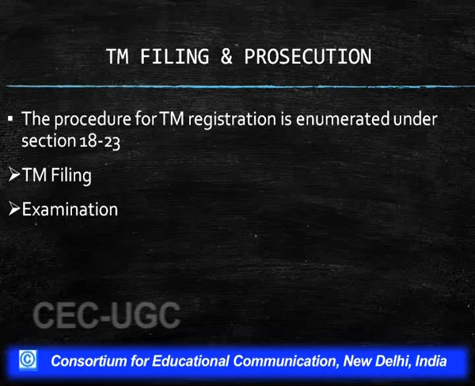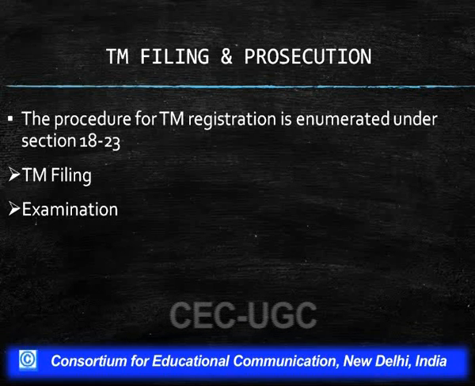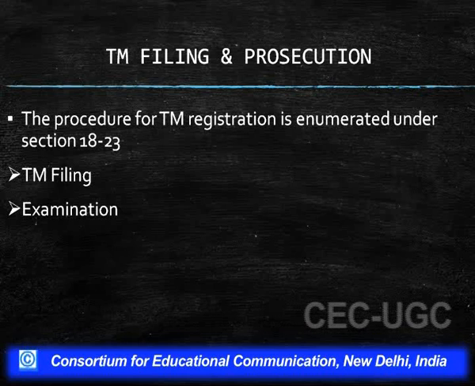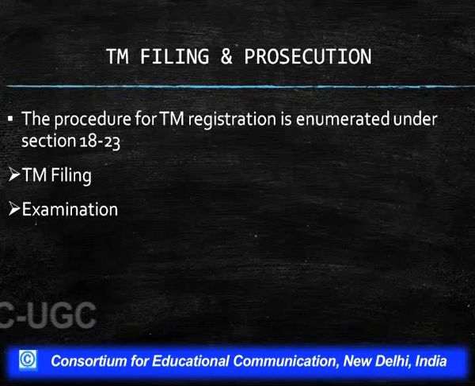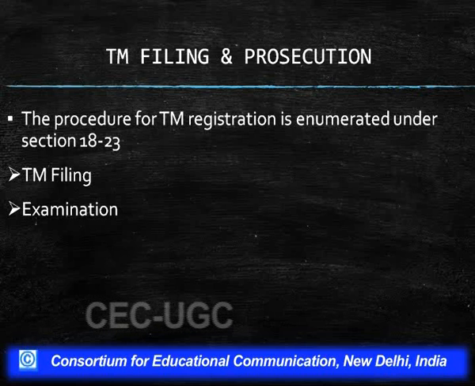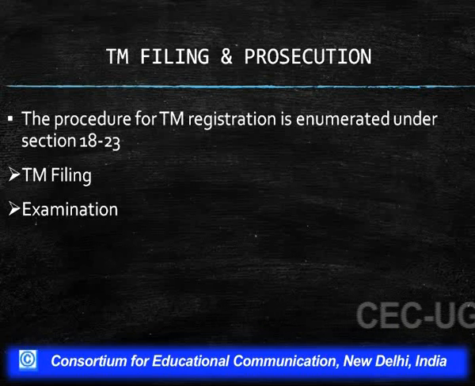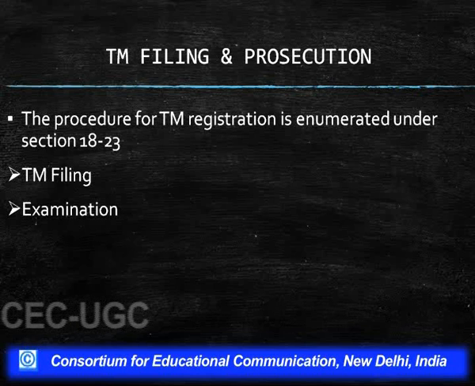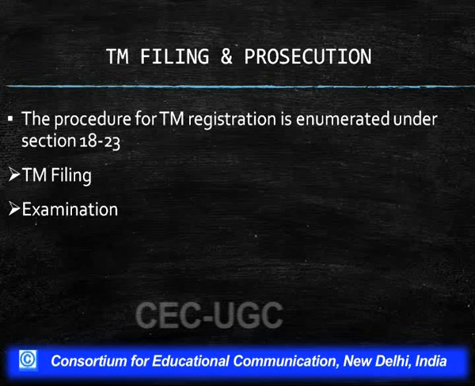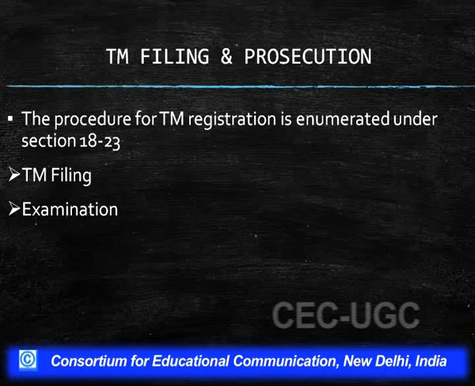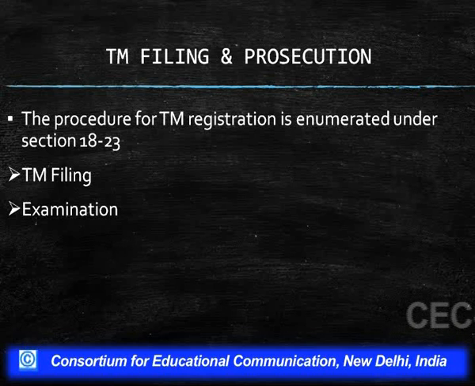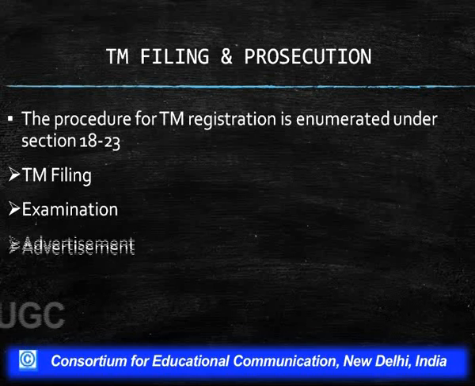Then comes the next thing, the examination of the trademark application to be done by the trademark board, by the trademark examiners assigned by the trademark board. That examination is a feature of the Trademark Act 1999 covered under section 19, which provides the manner in which the examination of the trademark application has to be done.